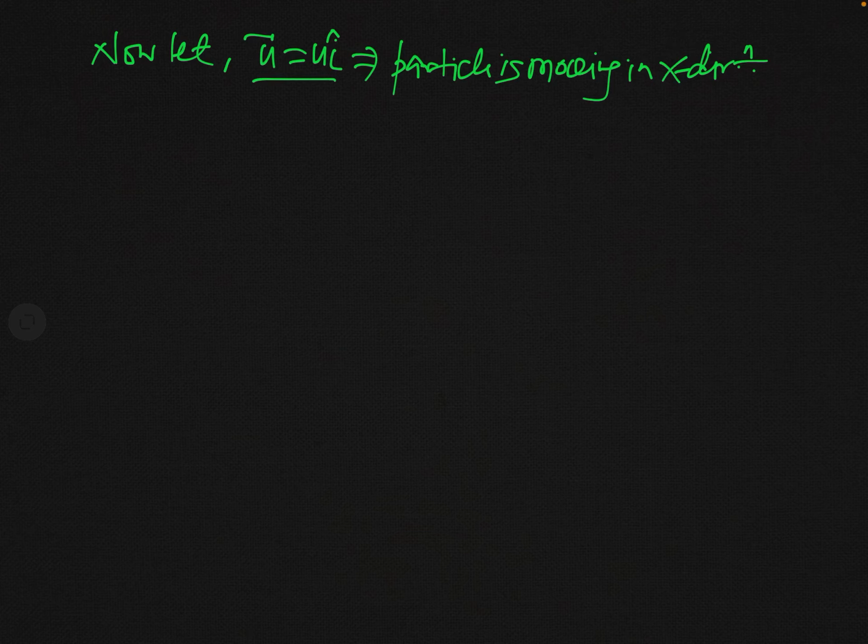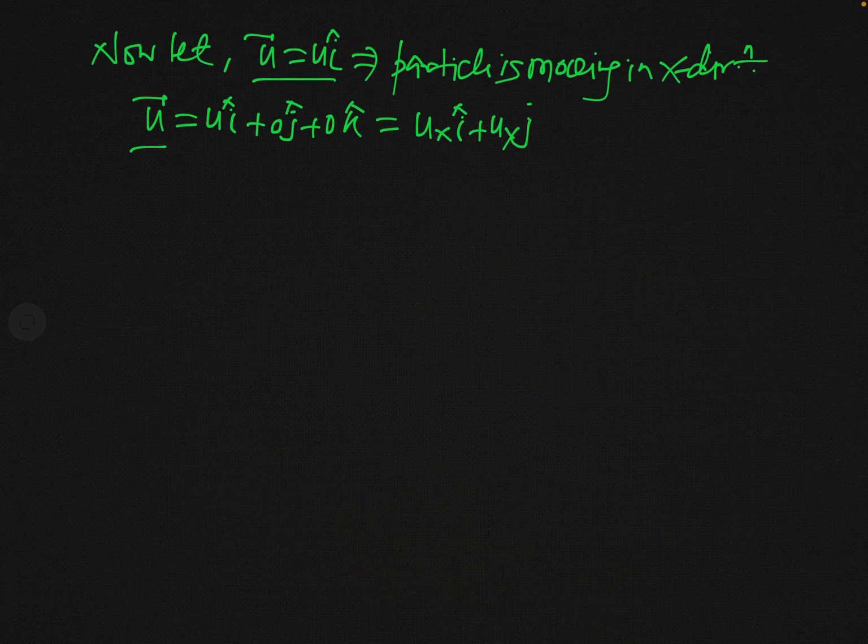You can understand it, as you know, u is equal to u i, and we can write it in this way: plus 0 j plus 0 k. And we know that this u is expressed as ux i plus uy j plus uz k. Now if two vectors are equal, then definitely the corresponding components of the two vectors are equal.